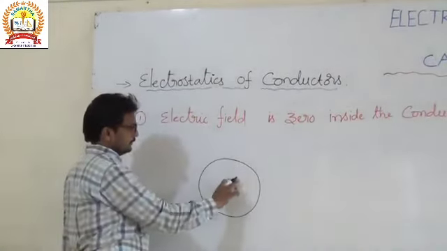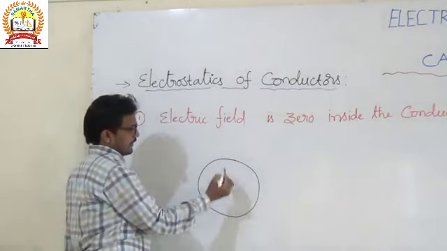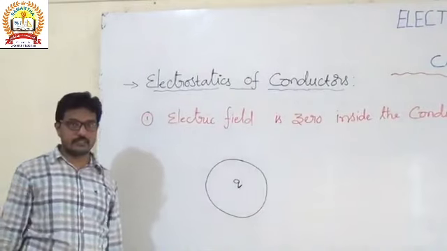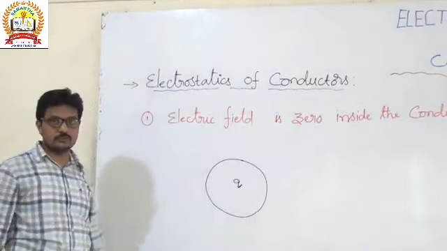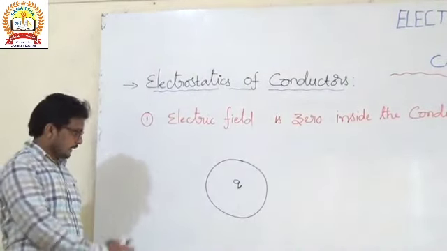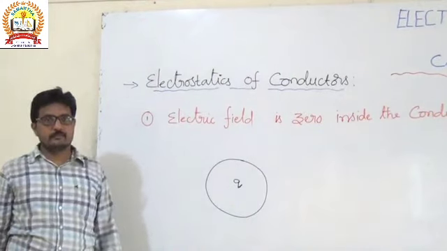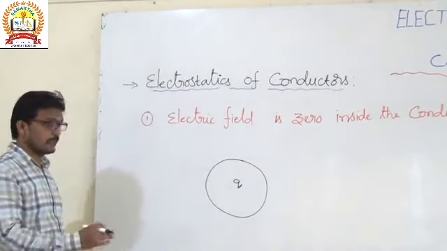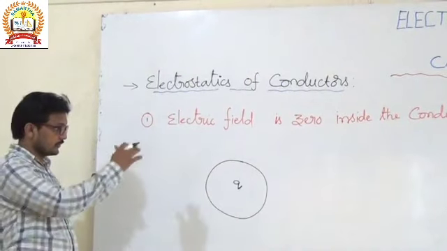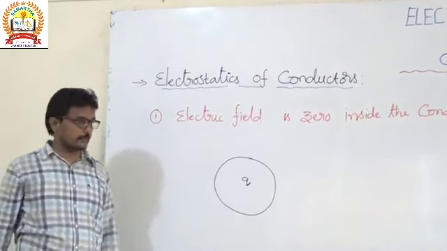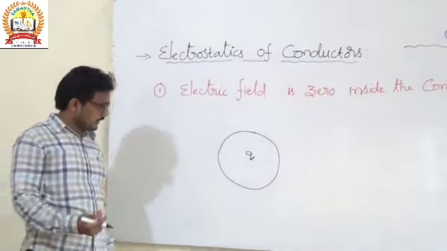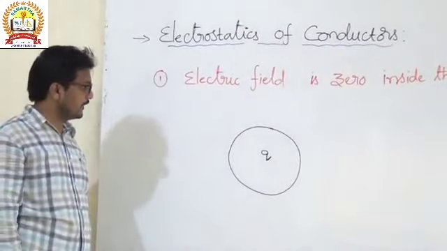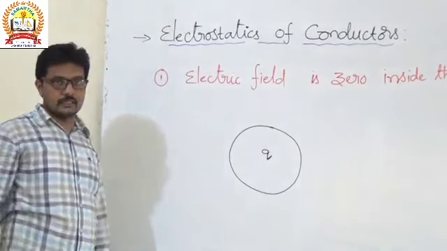We know the conductor has free electrons, and those electrons move freely inside a conductor. Charge will move freely, that we call electrons. Electrons move freely inside the conductor. But we are saying that the electric field is zero. Why is the electric field zero inside the conductor?